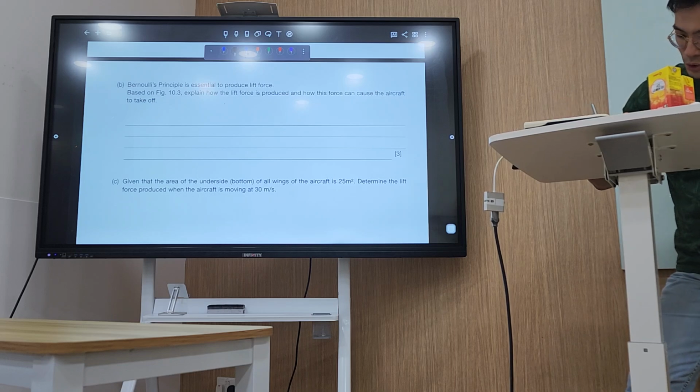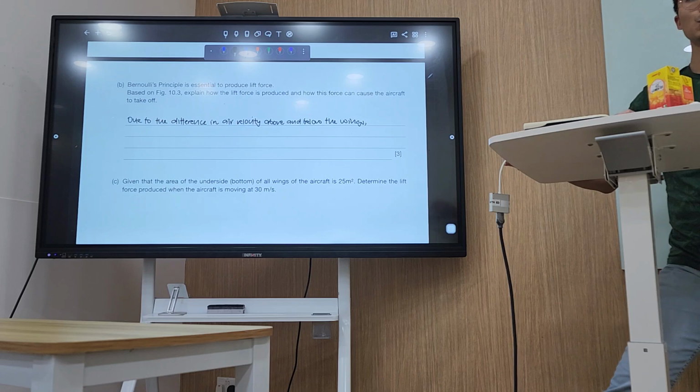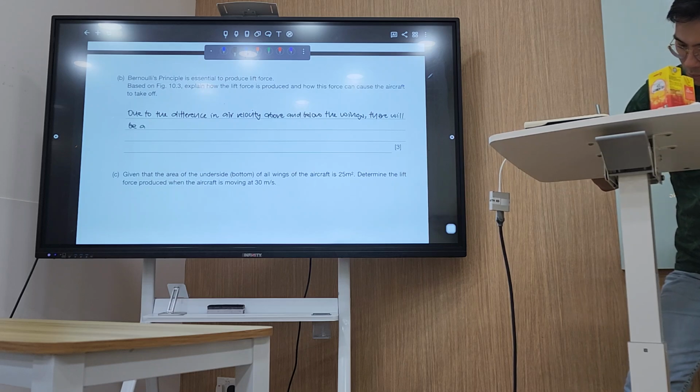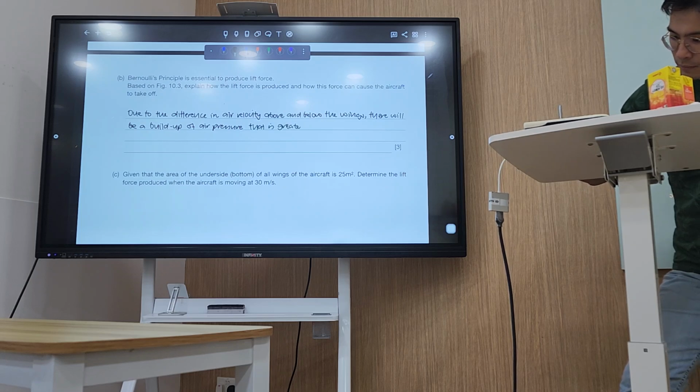So we will say that due to the difference in air velocity above and below the wings, there will be a build-up of air pressure that is greater below the wings.